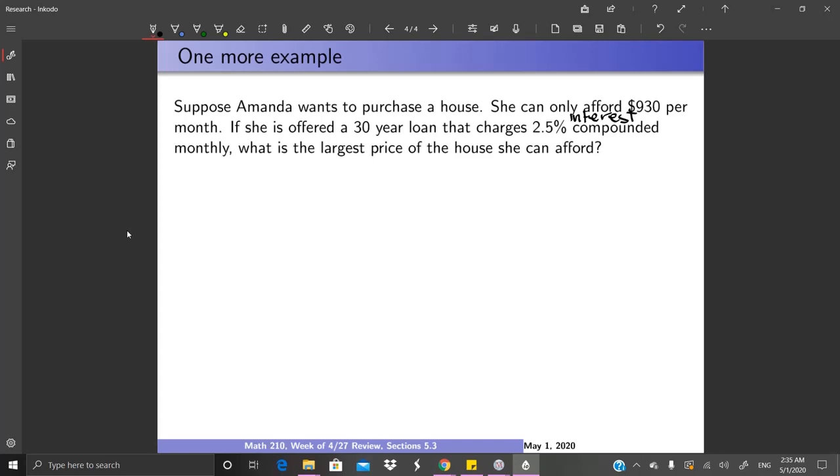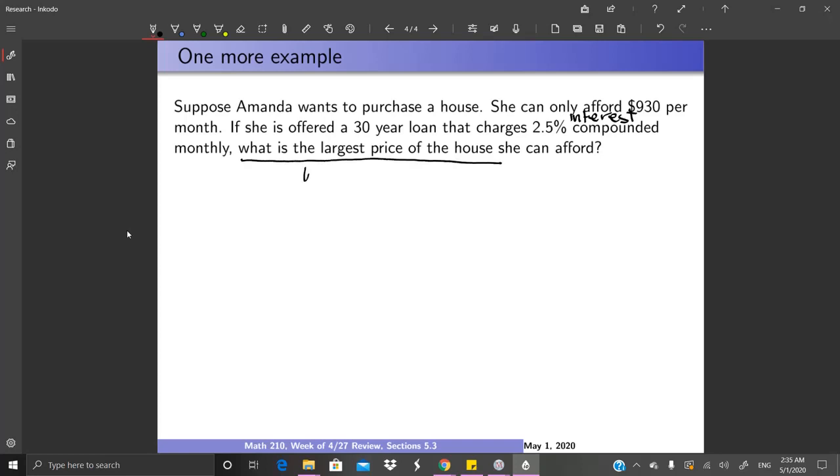So what is the largest price of the house that I can afford? It just means that if I'm actually paying the $930 a month, what is really the price of this house that I'm trying to buy, given the information that I have?